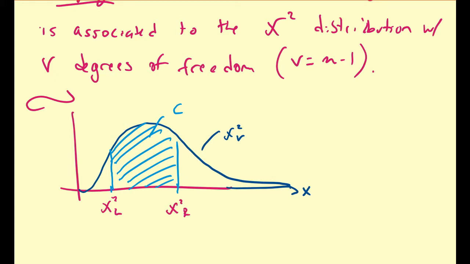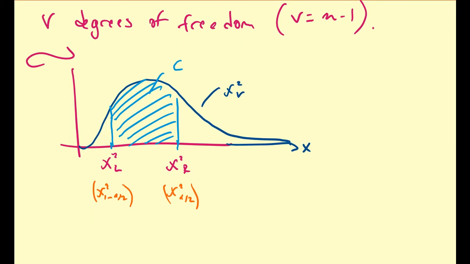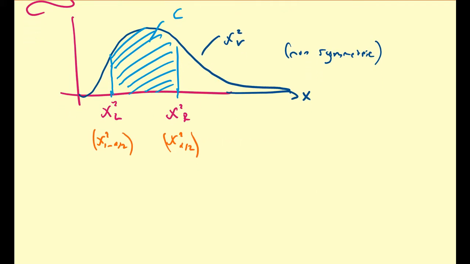In some literature, you may see this notated as chi-square alpha over 2 and chi-square 1 minus alpha over 2. But we're going to use the L and R notation because sometimes it's simpler to calculate. And keep in mind, this is non-symmetric. That means once you find one of these critical values, you can't just take the negative of it in order to get the other.